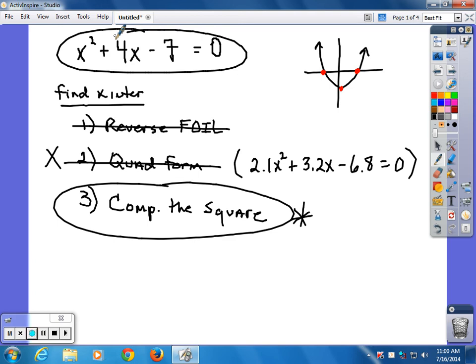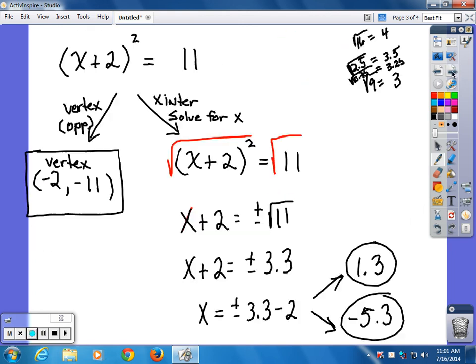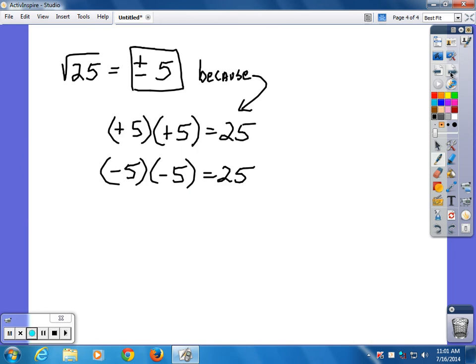Good job. So 0 for x takes out what? The first two terms. What does that leave? What is the Y-intercept? Negative 7.